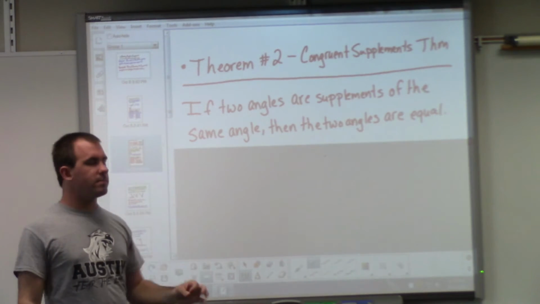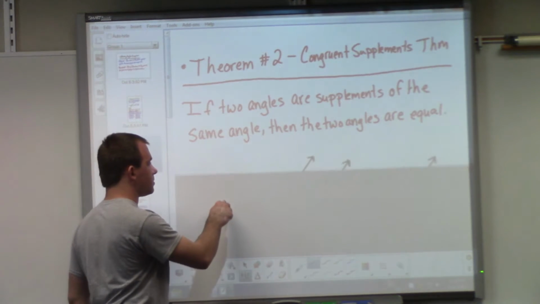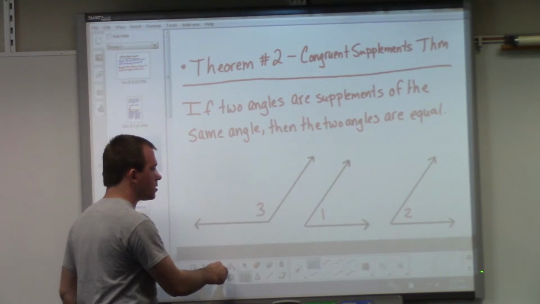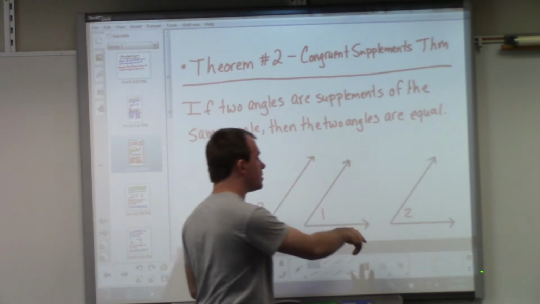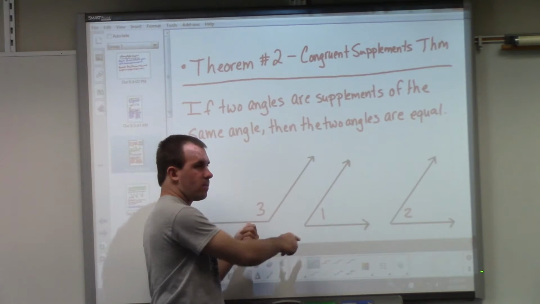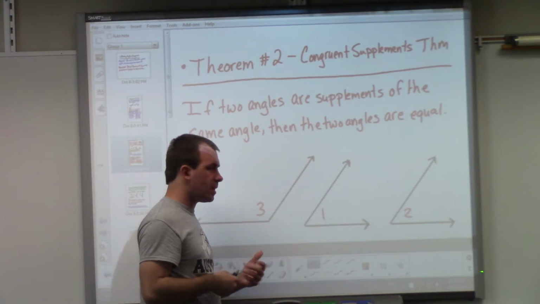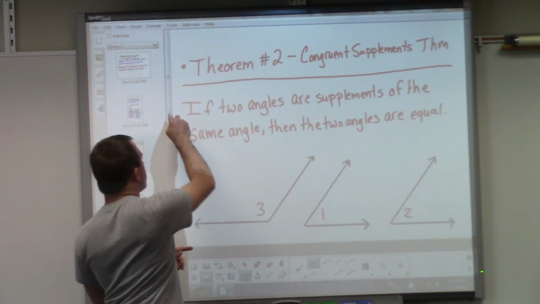A little confusing, I understand. So let's look at a picture. So we have 3 angles here. If 2 angles with a third angle each add up to equal 180, then they are supplements and these guys are equal.